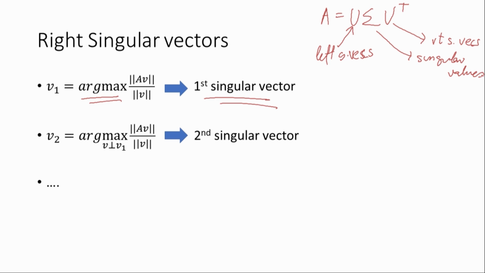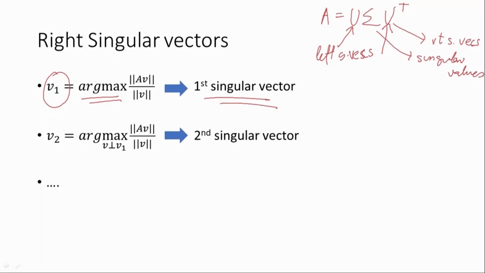And my claim is that even if you approach this question from a different point of view, in terms of fitting the best possible line, what you end up getting is one of the columns of V. In fact, it's the column of V that corresponds to sigma 1, where sigma 1 is the maximum.